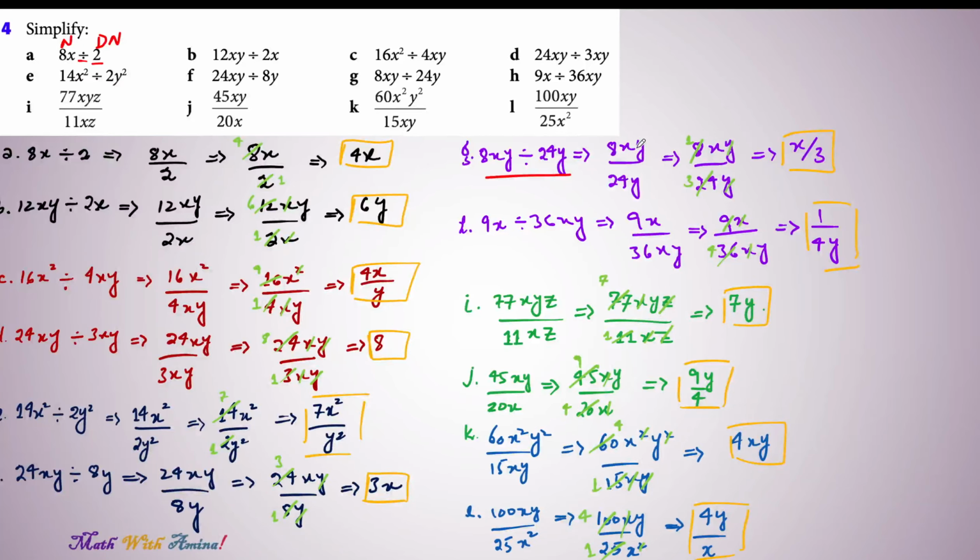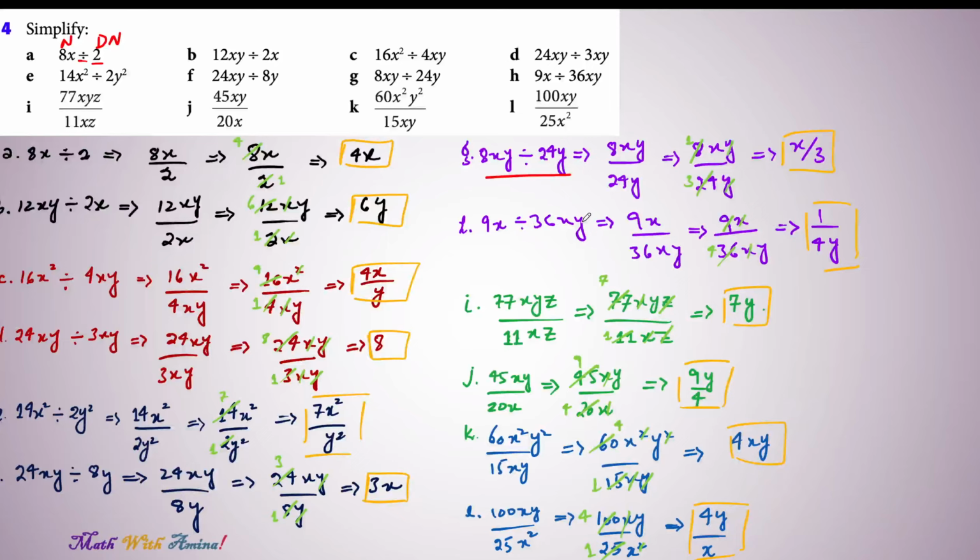Once the simplification of the numbers is done, we look into the variables. x is mentioned in the numerator but not in the denominator, so it will remain the same. y is mentioned in the numerator and denominator once, therefore they will be cancelled with each other, and we will be left with x over 3 as our final answer for this expression.